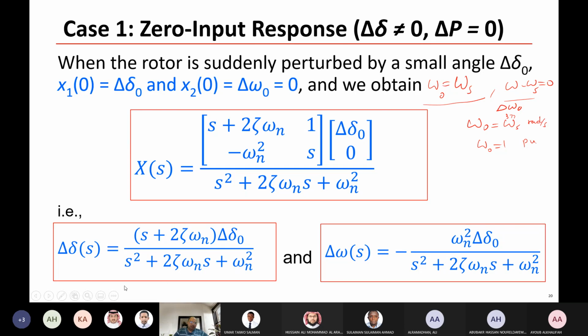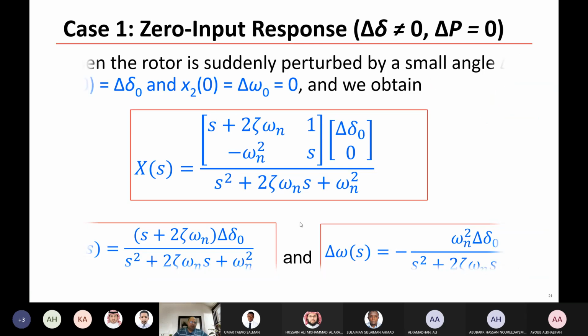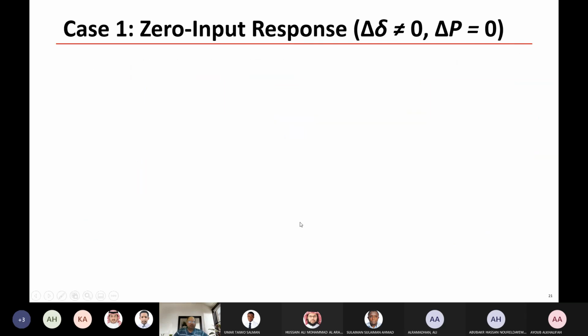If you have such an equation in the s domain, can you get the inverse Laplace transform in order to get delta of t and delta omega of t? And of course, you can easily get the inverse Laplace transform.